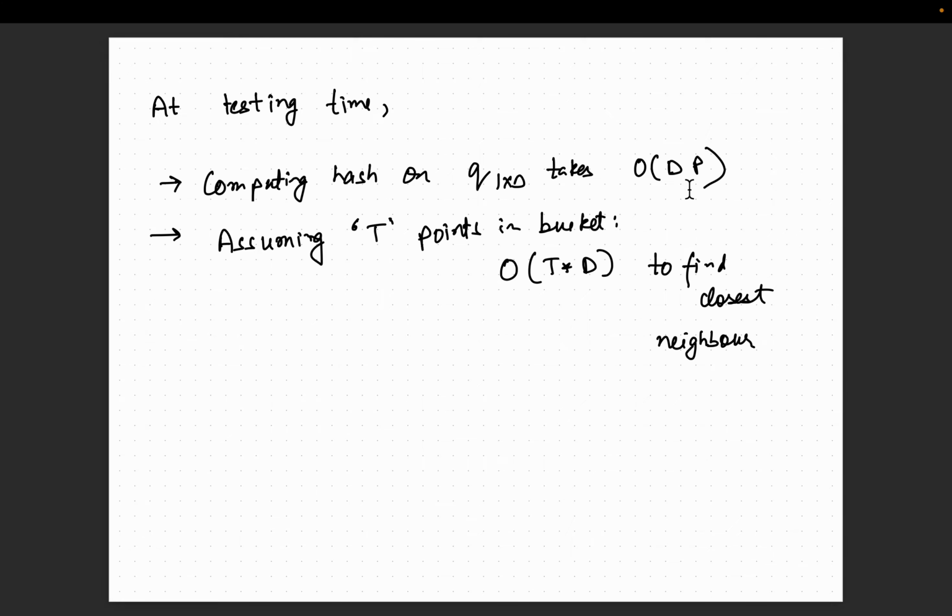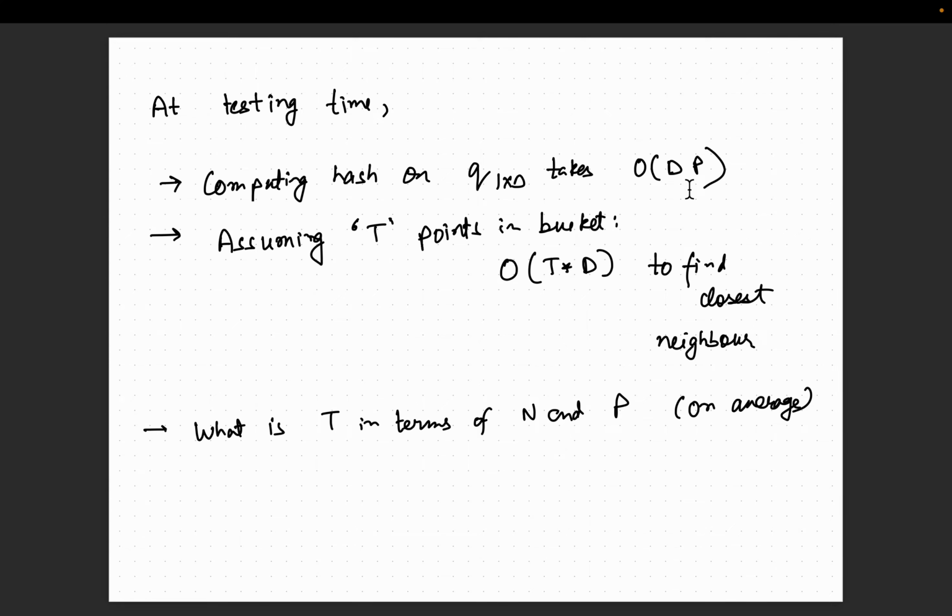So order dp is the time for computing the hash for a 1 cross d, or d-dimensional, query vector. Then let's assume that if we have t points in the bucket or in that sub-region, the time required would be t into d to find the closest neighbor.